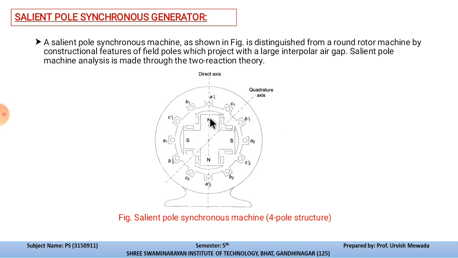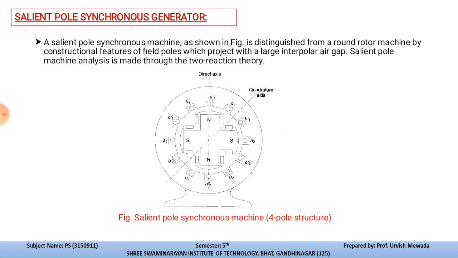Over here you can see that this is a 4-pole generator, and in this we have a lesser number of poles, but if you rotate this rotor at high speed, the same amount of power can be generated.